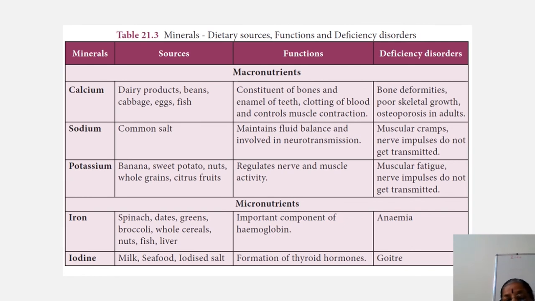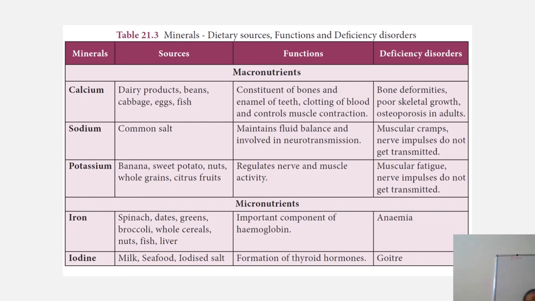Another one, iodine, normally present in seafood, iodized salt and milk. Why iodized salt? Seafood comes from the sea, which is salt water, so that salt usually has iodine. So seafood and iodized salt. It is important for formation of the hormone thyroxine, secreted by the thyroid gland. That is why thyroid gland secretion, thyroxine, is important. If there is deficiency, people will suffer from goiter, a big swelling in the neck. I hope you understand. Yeah?